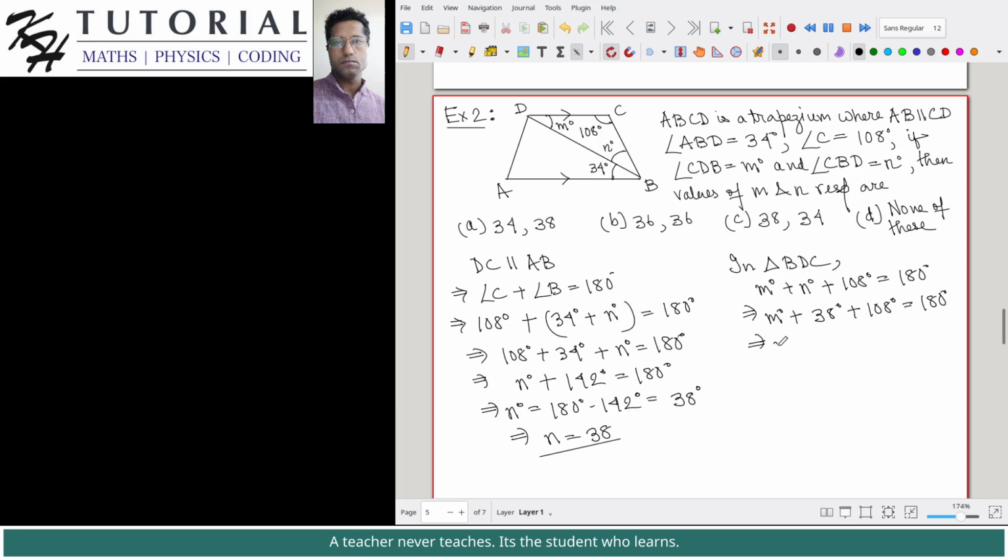So this implies m degree plus 146 degree is equal to 180 degree. This implies m degree is equal to 180 degree minus 146 degree, which is equal to 34 degree. So m is 34 and n is 38. So the correct choice will be, it is asking to find the values of m and n respectively, so it should be 34 comma 38. So choice A is the correct choice.